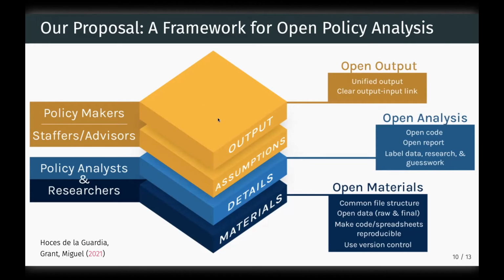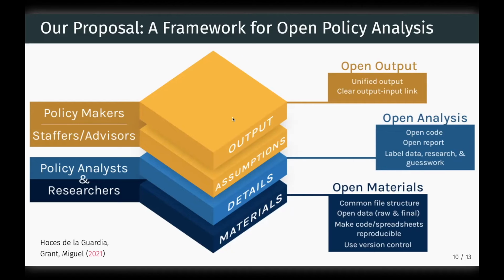But at the same time, that one output should be clearly connected to its underlying assumptions. Moreover, all the details behind that one output that condenses the benefits and costs of a policy debate should be justified in a report, and this report should be clear in narrative, in equations, and in code. Finally, all the materials that are necessary to develop the report and the final output should be available and comply with standards of computational reproducibility.